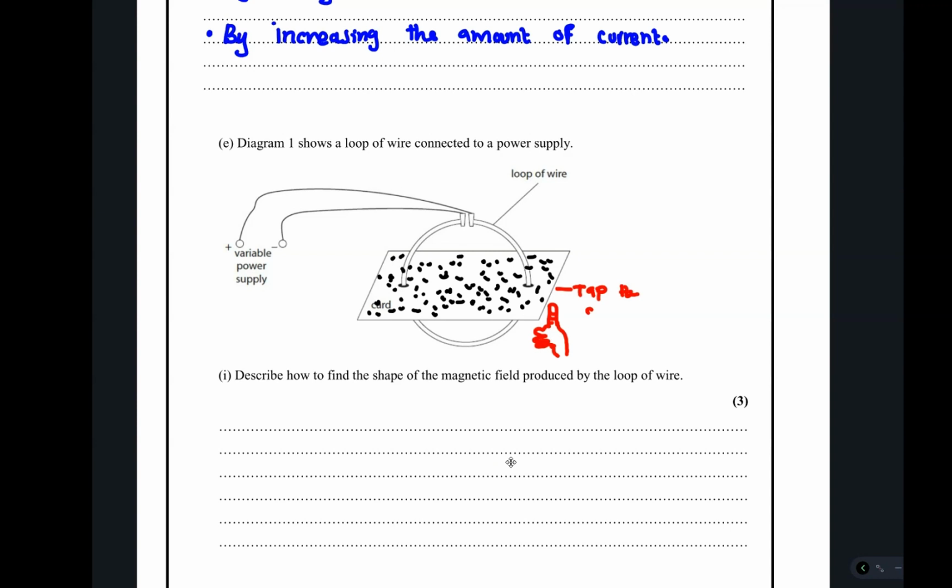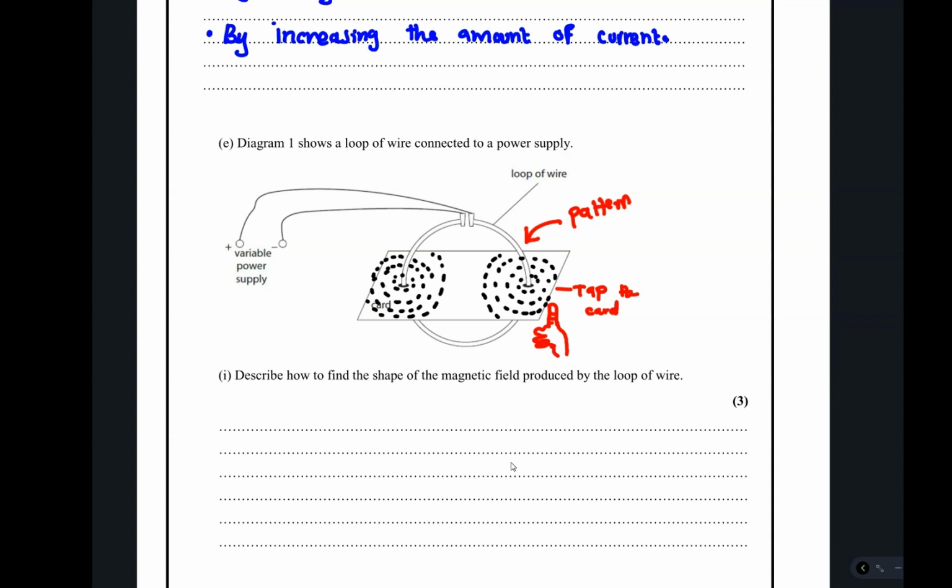Then once you tap the cardboard, these iron filings are going to arrange themselves in a regular pattern. And this pattern is the one that displays or represents the arrangement of the magnetic field around this. They are circular, concentric, and they have a very beautiful pattern like that.